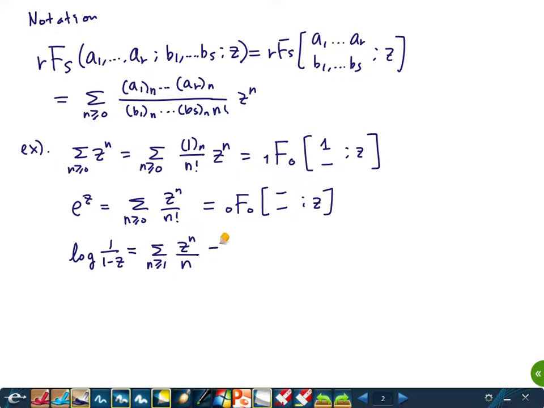Now let's see how we can turn this into this form. So first, let's factor z out. First, we replace n by n plus 1, then n goes from 0, and then I just factored z out. Okay. Now, how can we make this in this form?